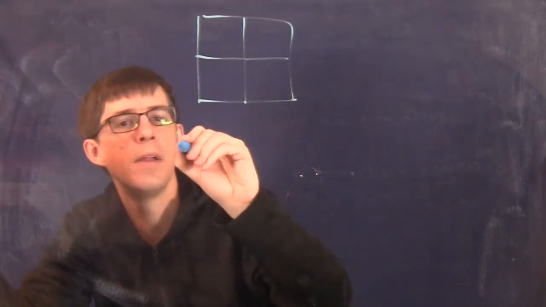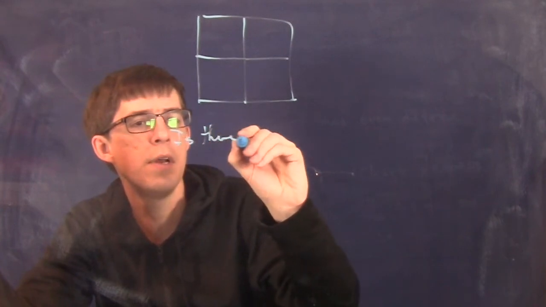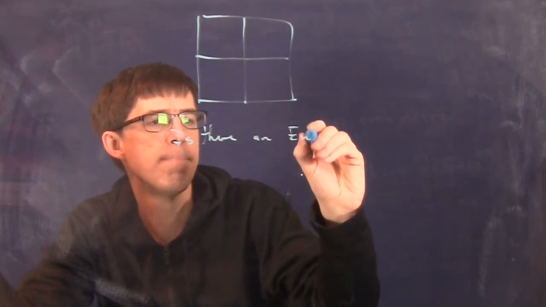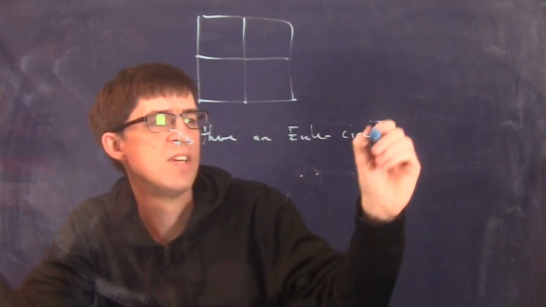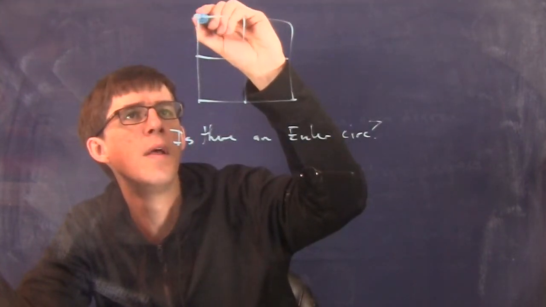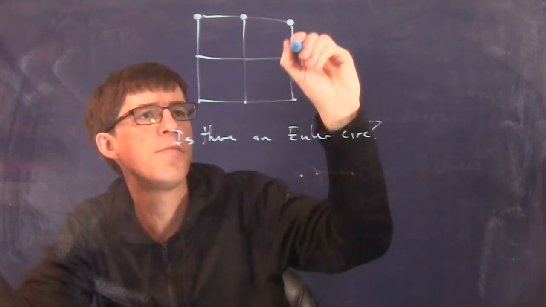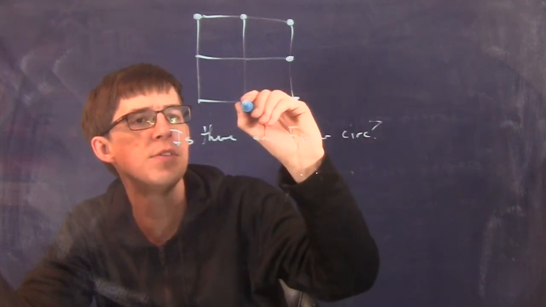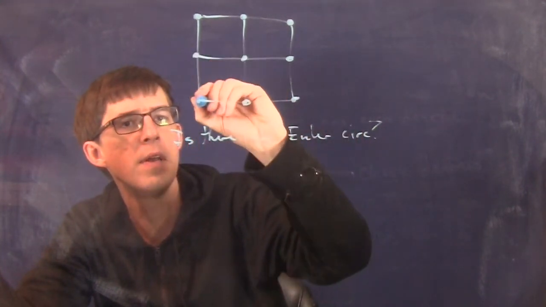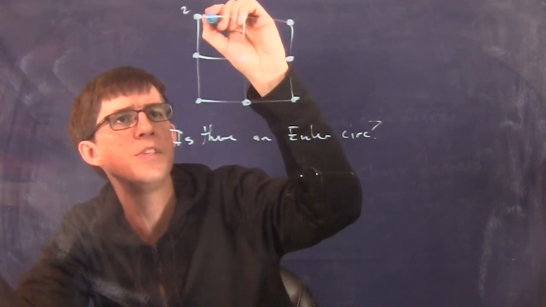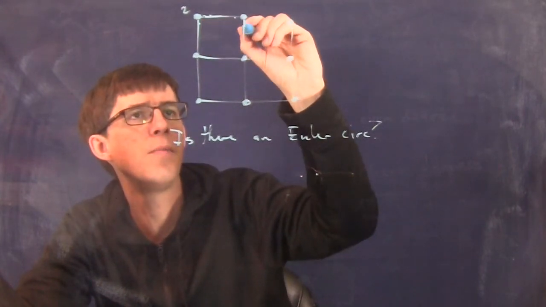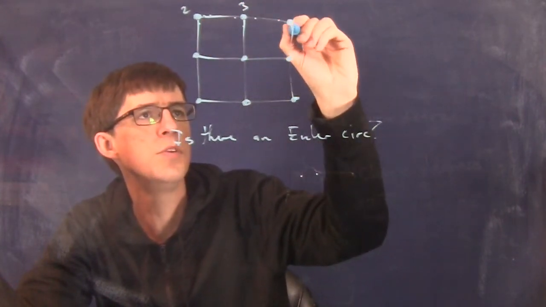Check the degrees. Remember, I'm looking each time for how many edges go into each vertex. This one has 2 edges, 1, 2. This one has 3, right? 1, 2, 3. This one has 2.